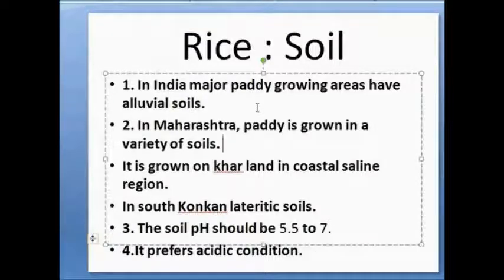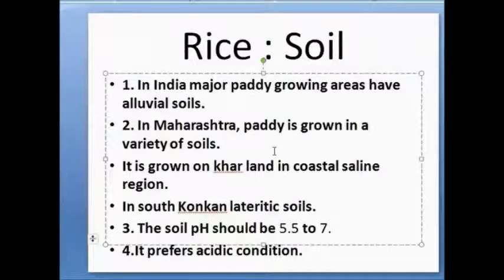In the south part of Konkan of Maharashtra state, there is a lateritic soil which is most suitable for cultivation of rice compared with other parts in India. Rice requires a soil pH between 5.5 and 7, which means acidic pH is considered good for cultivation of rice.